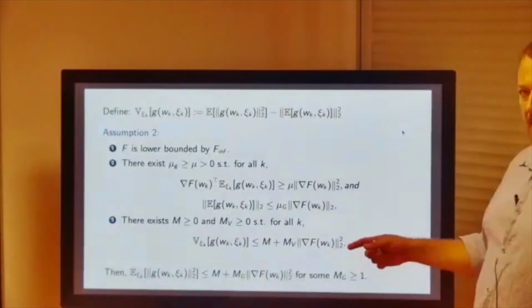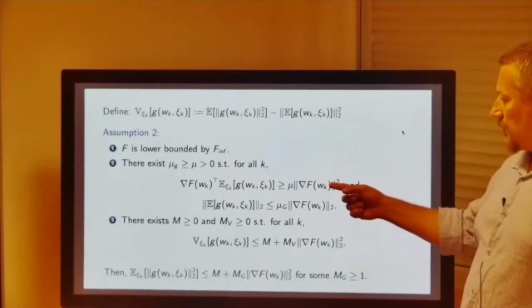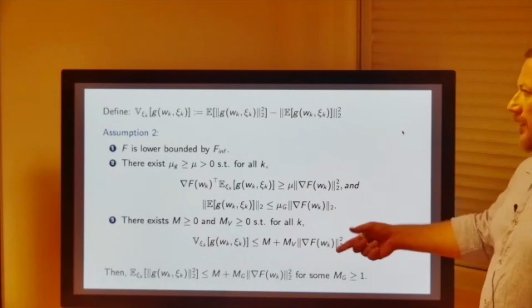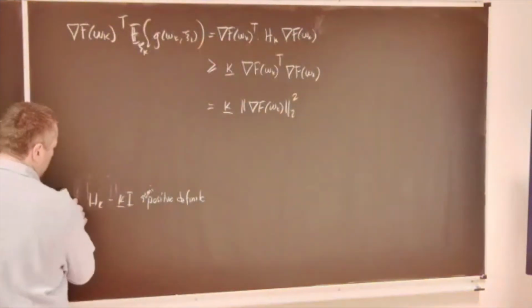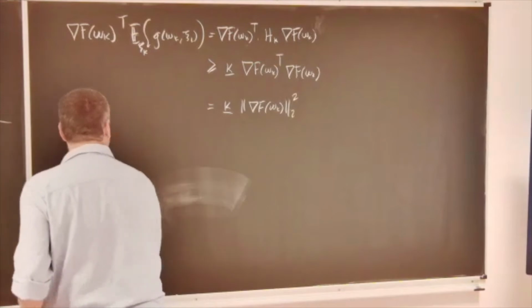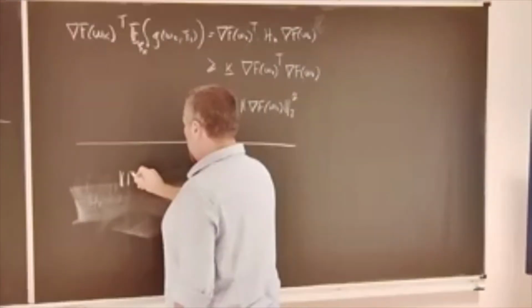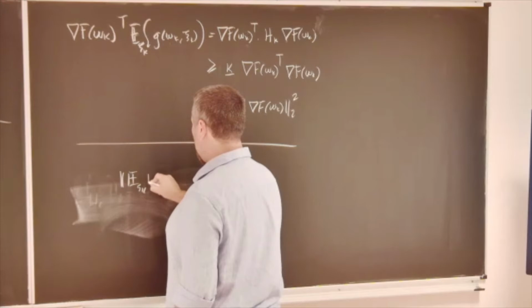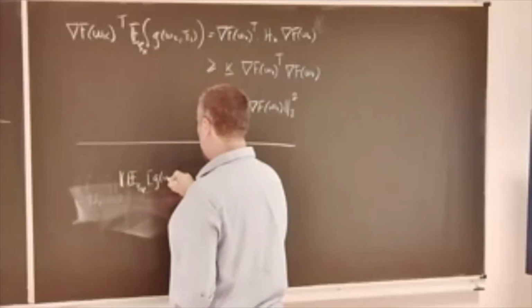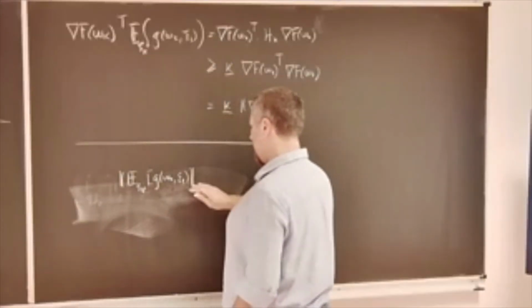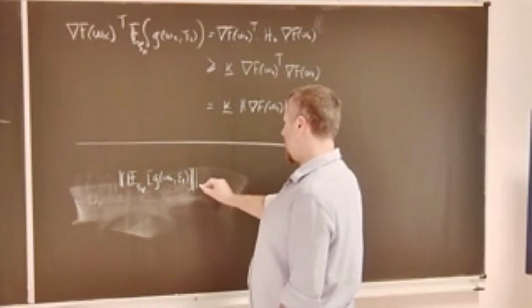With our assumptions on hk, we can show that this first condition is satisfied and the second condition is satisfied because very similarly you have the expected value of cos k g of omega k cos k, and norm squared.